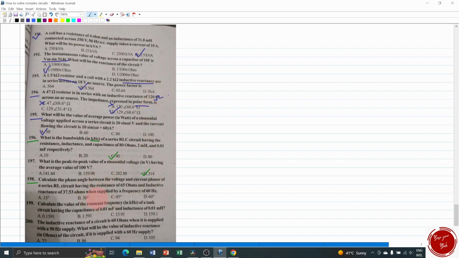I'll tell you once again: the phase angle between voltage and current is the angle phi, which is between the R and Z of an impedance triangle, and here comes your XL value. R value given is 65 ohms and XL value is 37.53 ohms. So what could be the angle over here?